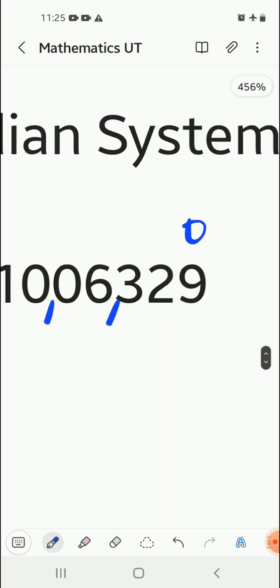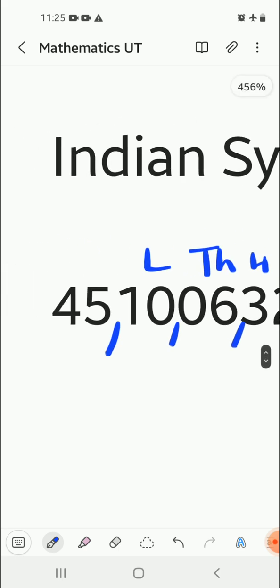Then this is ones, tens, hundred, this is in thousands place, this is lakh, and this is crore.